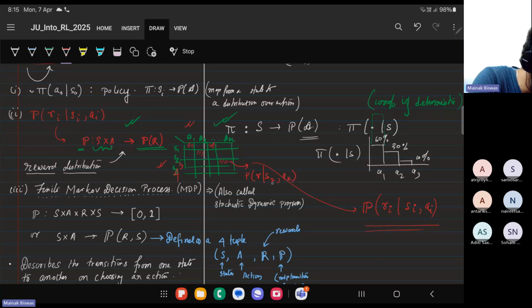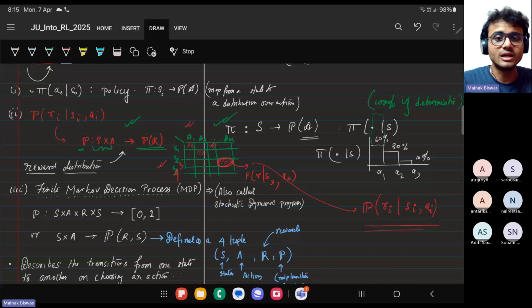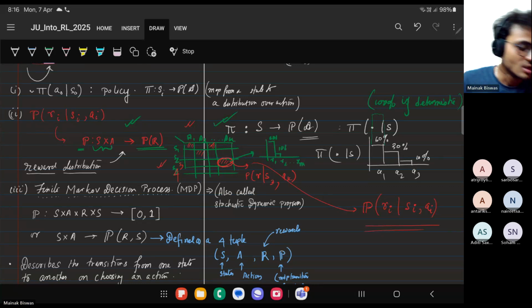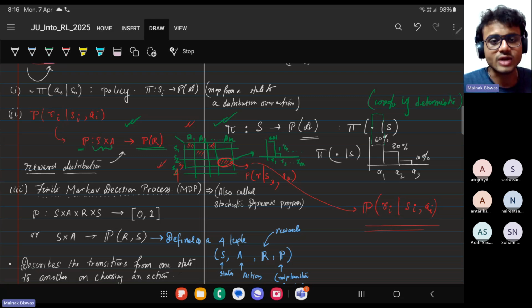Here, this box could be a distribution over all possible rewards. You can have reward 1, reward 2, and say there are M types of rewards. Again, it will be a distribution, 60%, say 1%, and so on. So this is what it means. I'm just trying to revise conditional probability with all of you. So this is what the two distributions are.